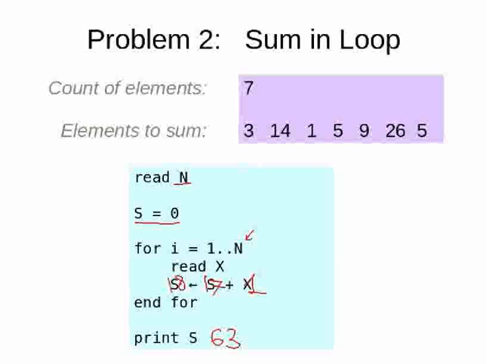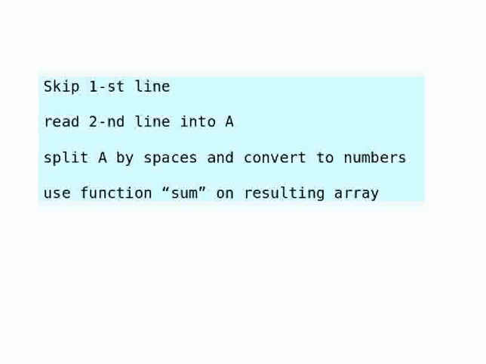Here are the steps. At first we simply skip the first line altogether. We do not need the value n because we can extract it from the second line. The second line is read into some string variable: 3, 14, 1, etc., integers separated by spaces.